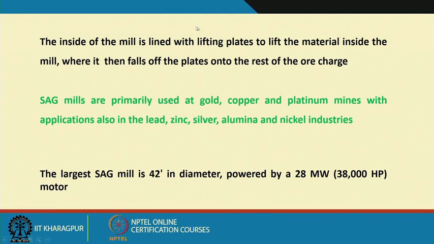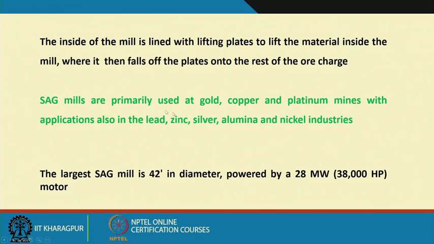So, we want to take them to the break point, and for that we have the lifters to lift it. SAG mills are primarily used at gold, copper and platinum mines, with applications also in the lead, zinc, silver, alumina and nickel industries.